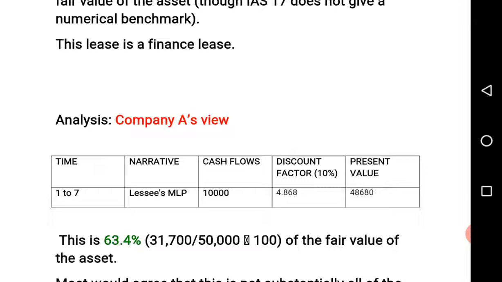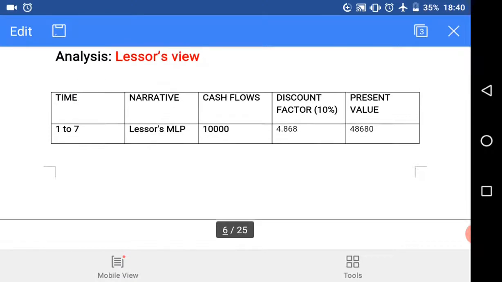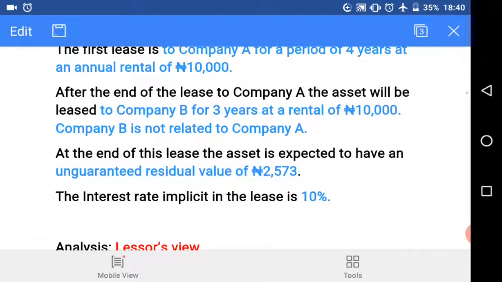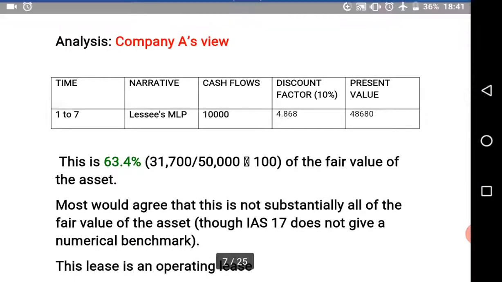Now the reason why the 2 points of view are different here is because it was leased to 2 lessees that are unrelated. We have it in the question here. Company B and company A are not related, but here we're looking at company A's point of view.